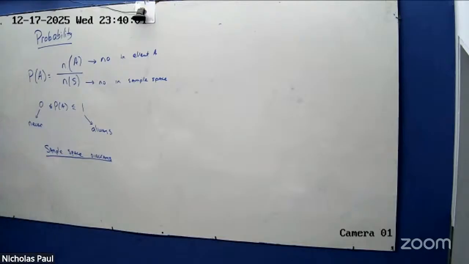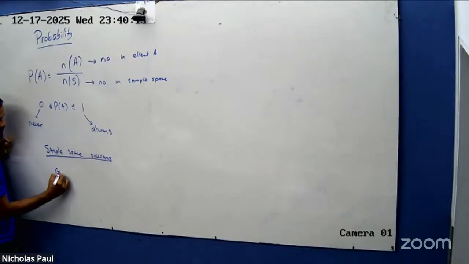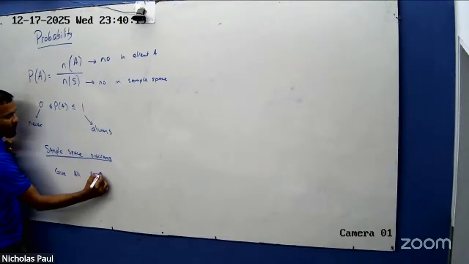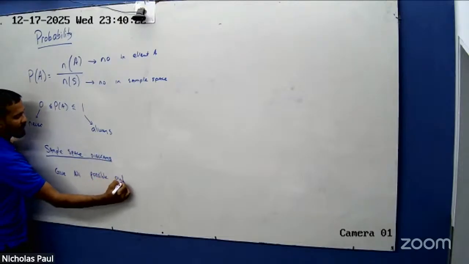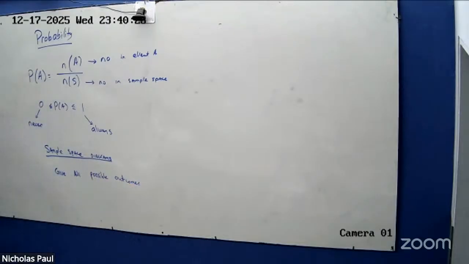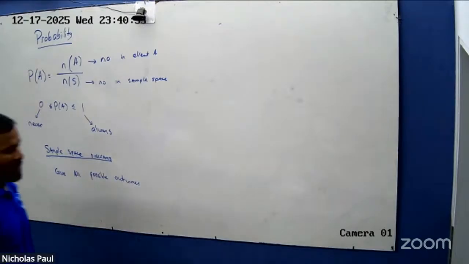These diagrams give us all the possible outcomes. I want to show you how to do a possibility space diagram. Let's copy that down and let's try one here.